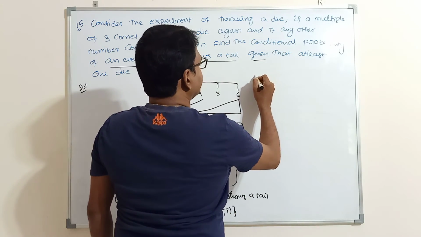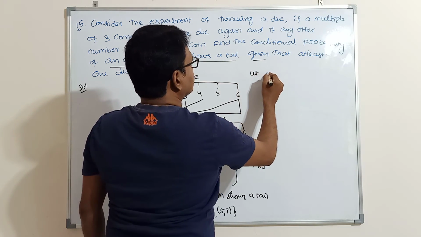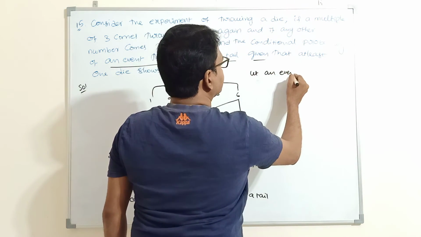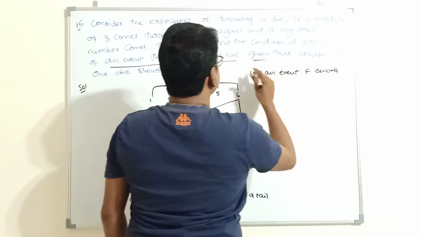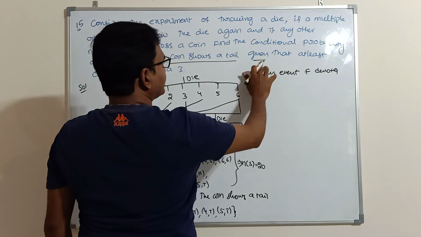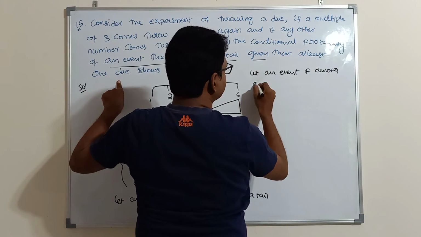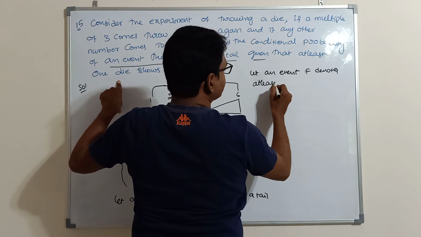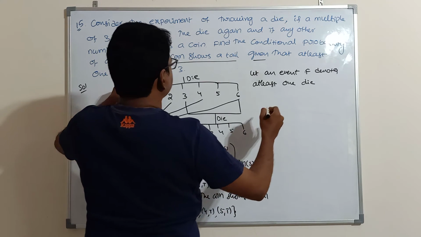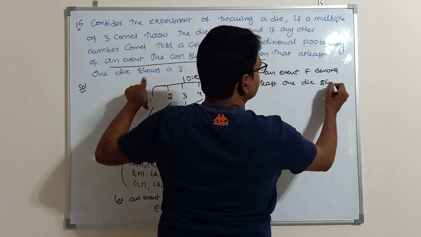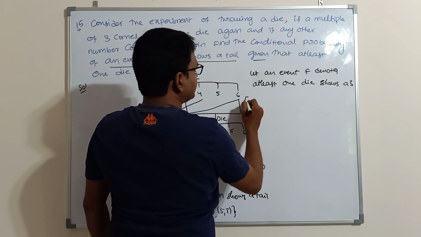Next, what does event F denote? Let event F denote what comes after the keyword given, that is, at least one die shows a 3. That means what is event F?